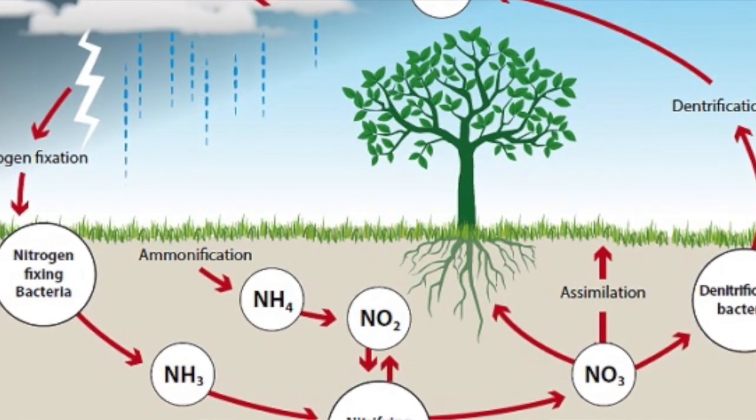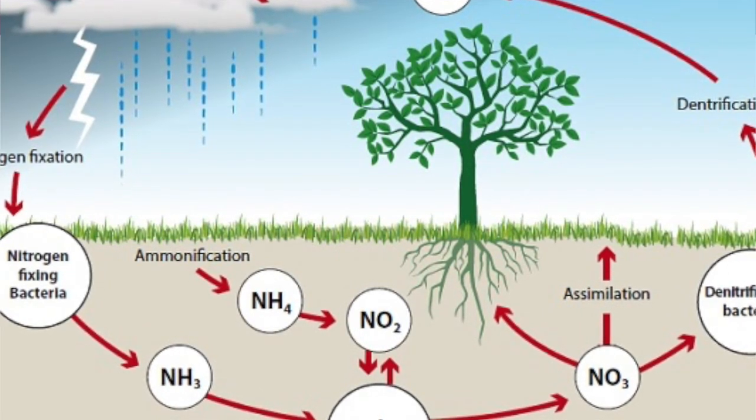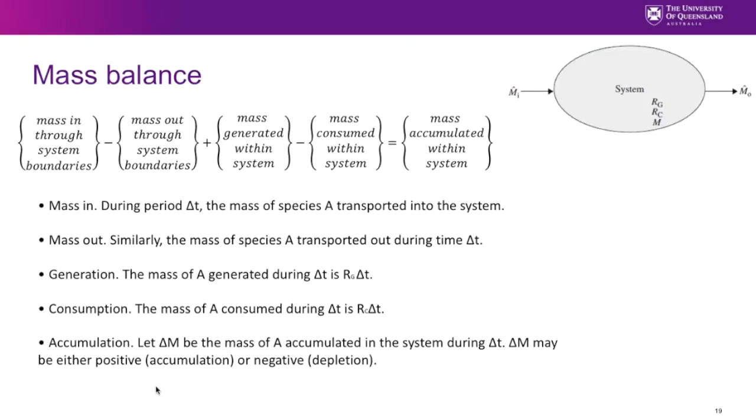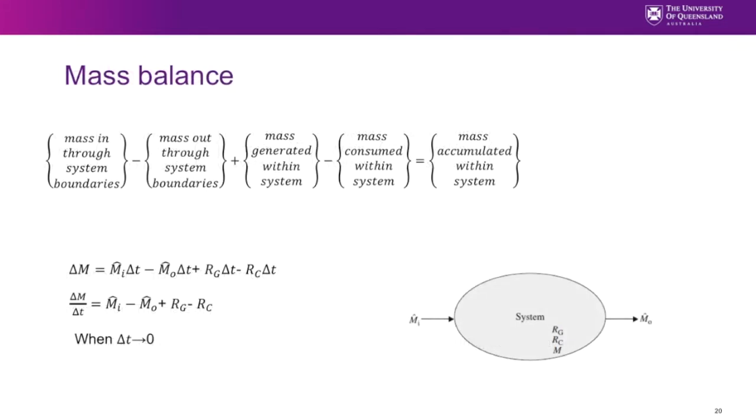Well, it can be through a chemical reaction or through a biological reaction, for instance. And then we have the accumulation component. So let delta M be the mass of A accumulated in the system during time. It may be either positive or negative. So at the end, this is the type of equations that we're going to have. And depending on the system, we may have flows in or flows out, or we won't have any of these, and we will have only generation or only consumption, right?